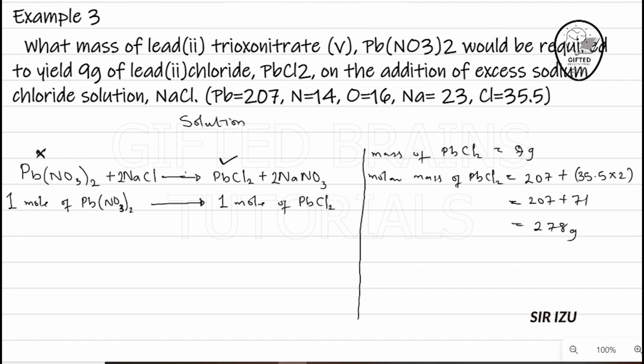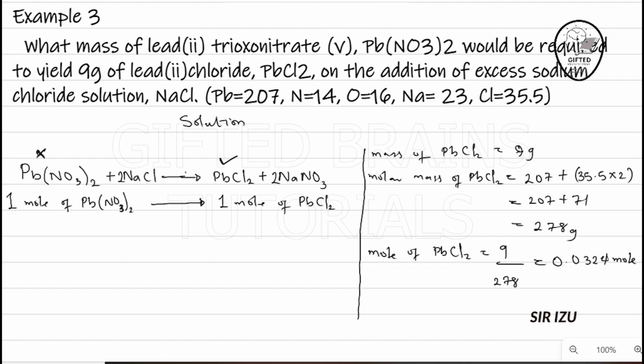So the mole of PbCl2 is just equal to mass over molar mass, and the mass is 9 over molar mass 278. So that will give us 0.0324 mole. That's the answer.